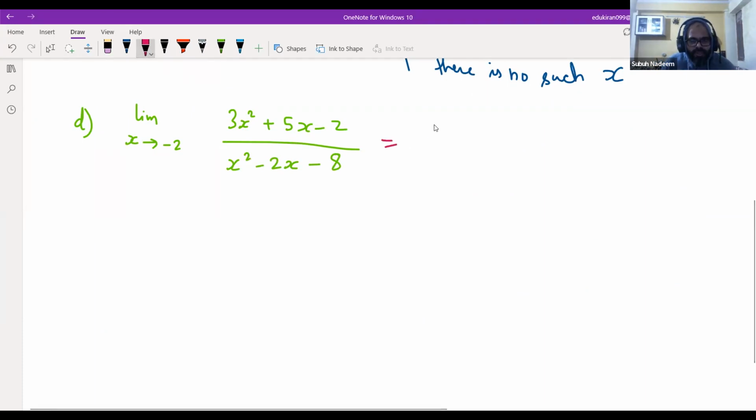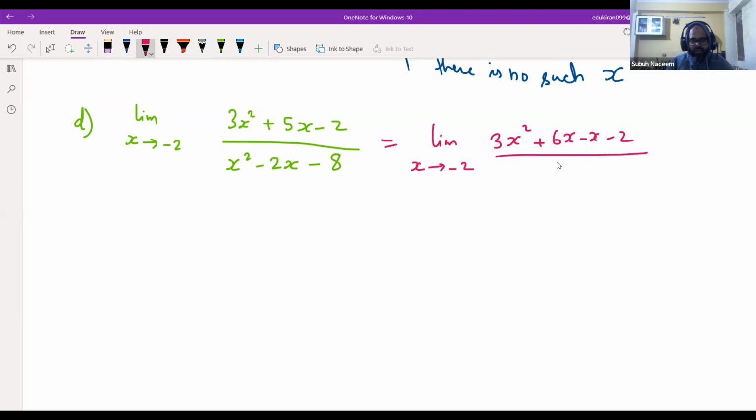So this would be the limit as x approaches -2, and this will become 3x² and 5x. 3 into 2 is 6. With the subtraction, you need 6 and 5 here. So 6x minus x minus 2. This is what you will do.